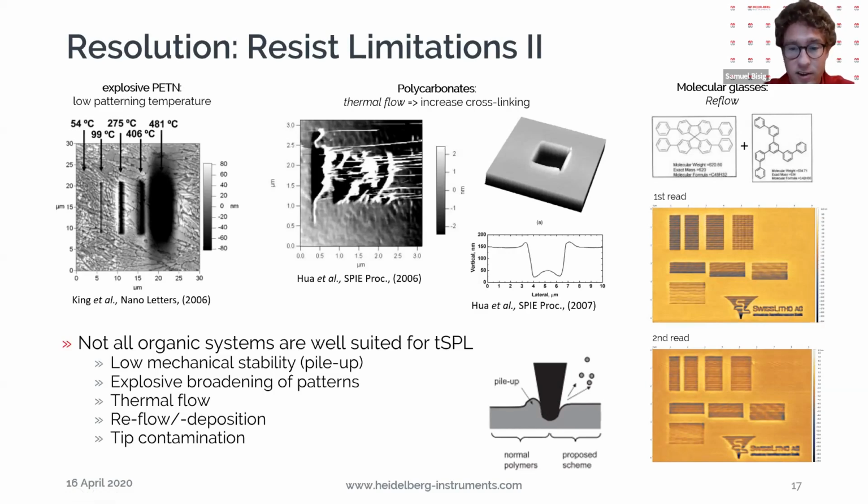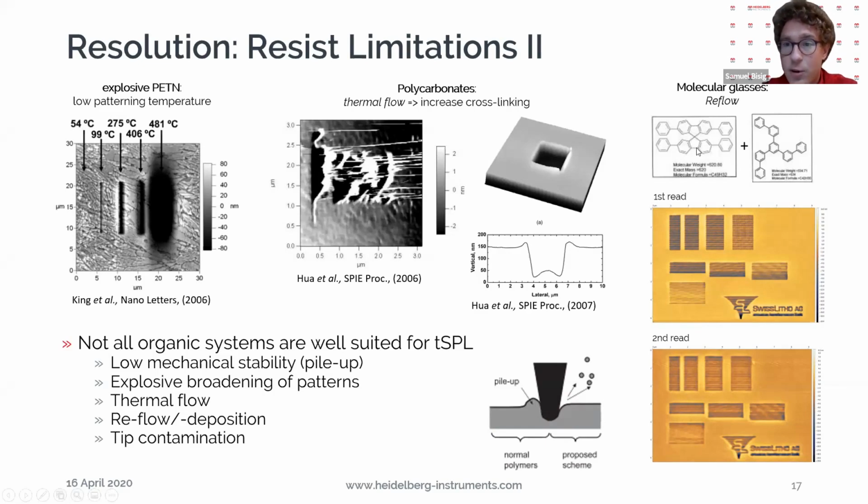Or you have very sensitive materials, so it's difficult to operate at the correct temperature, because the line width is very dependent on the temperature. Or you have thermal flow, and you can see how the material squeezes around. So there are several issues with different polymer systems.